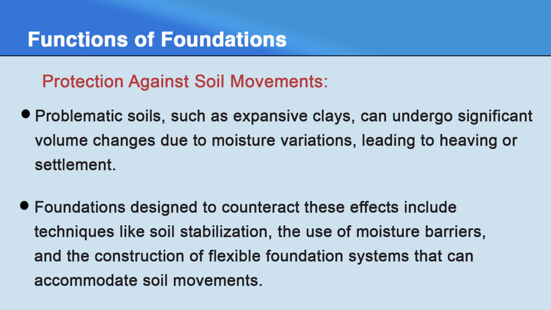Foundations designed to counteract these effects include techniques like soil stabilization, the use of moisture barriers, and the construction of flexible foundation systems that can accommodate soil movements. These measures help to protect the superstructure from cracks and other forms of damage.